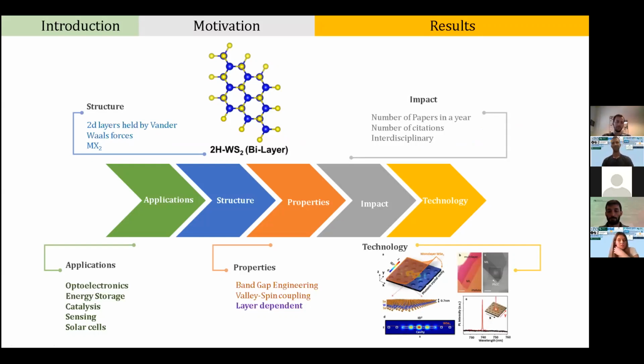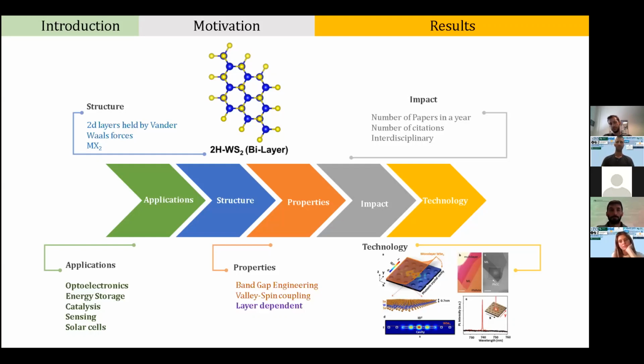So when it comes to low frequency Raman, transition metal dichalcogenides are a class of materials called layered materials. They are very exotic in terms of their properties, and they have a lot of promising applications.